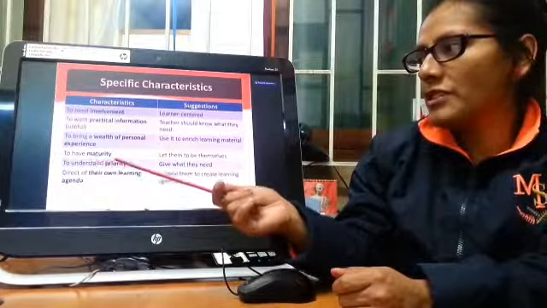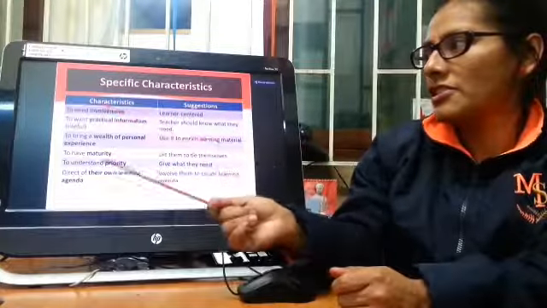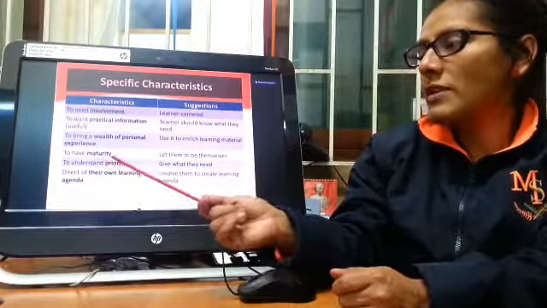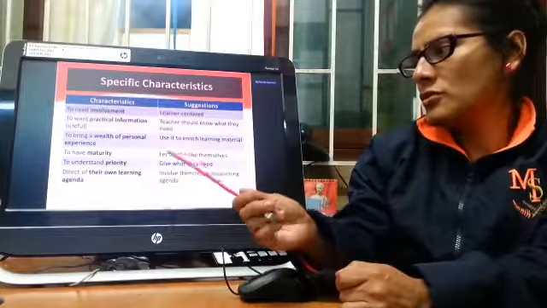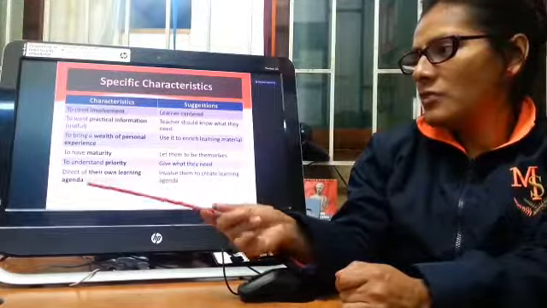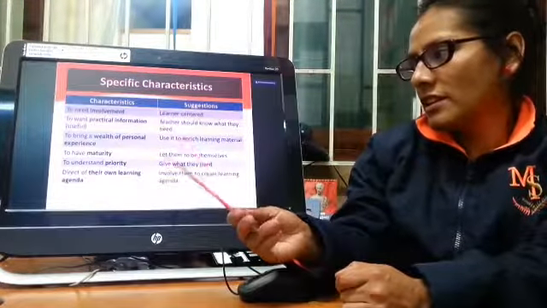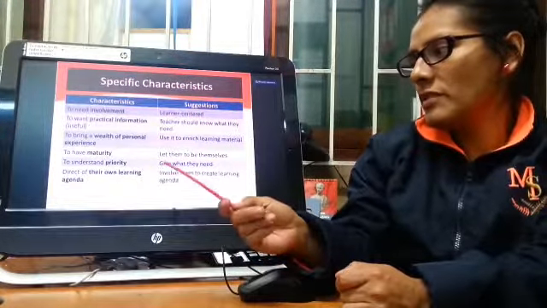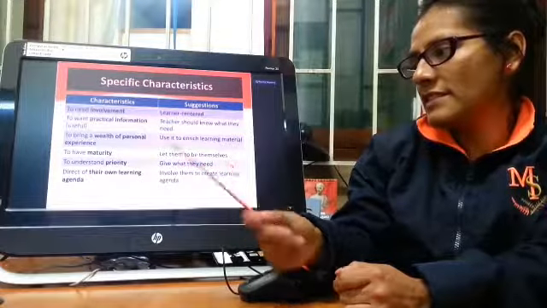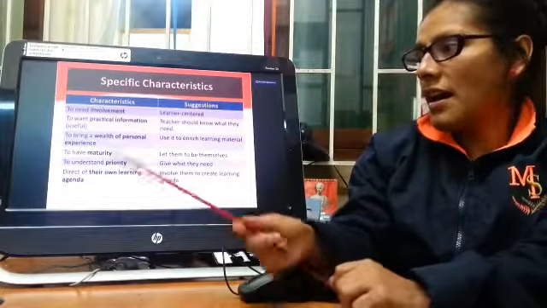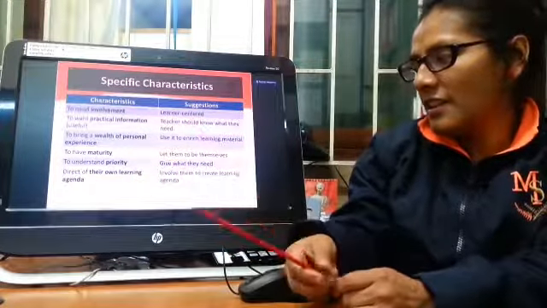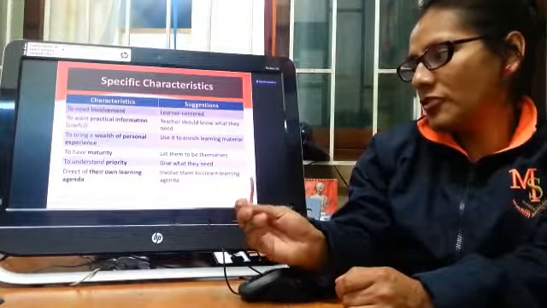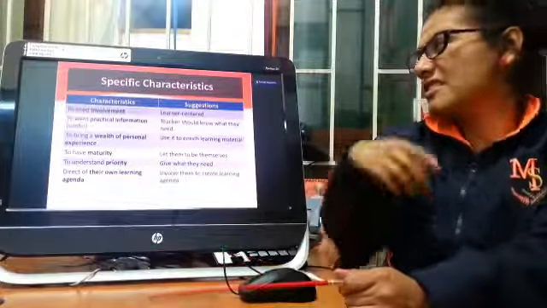To have maturity, let them understand priorities themselves. Suggestion: give what they need. Direct their own learning agenda. Involve them to create the learning agenda.